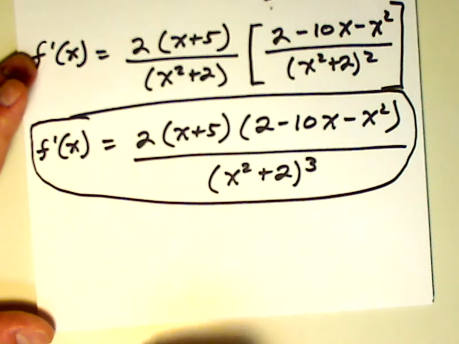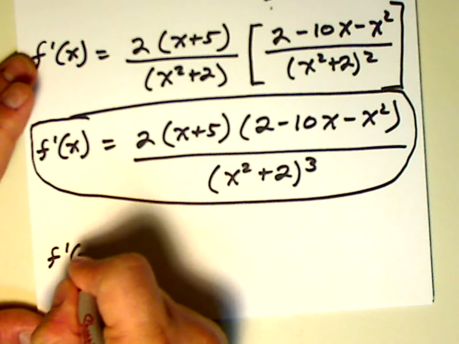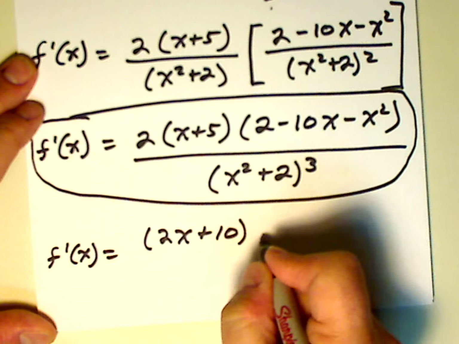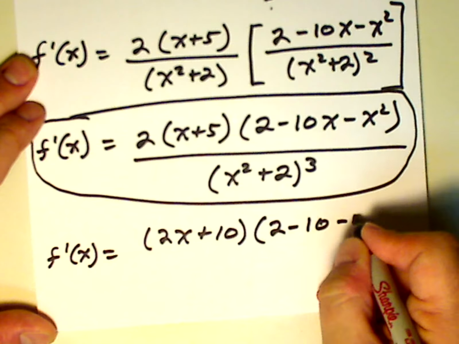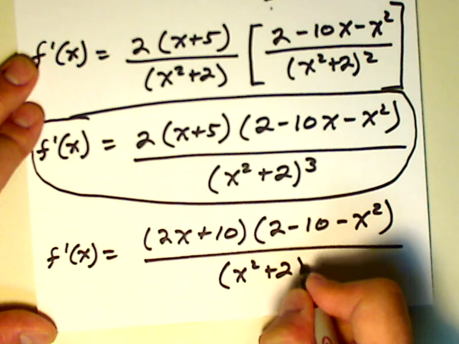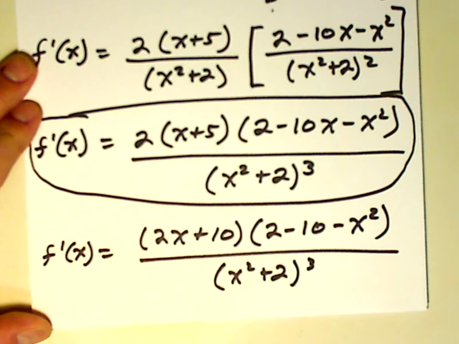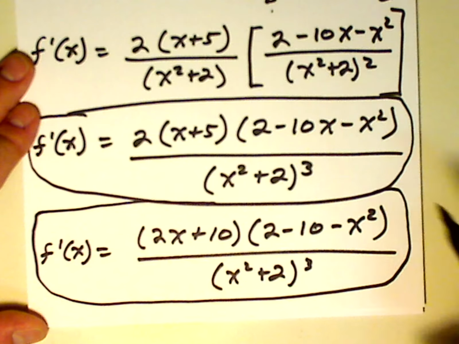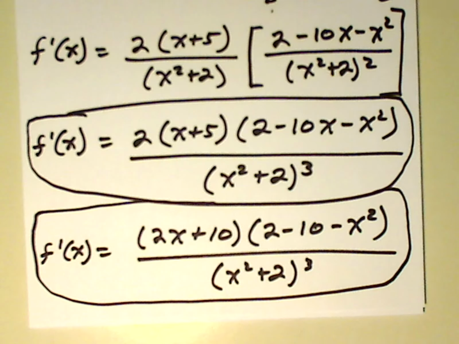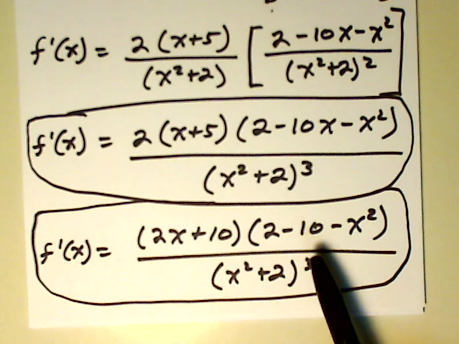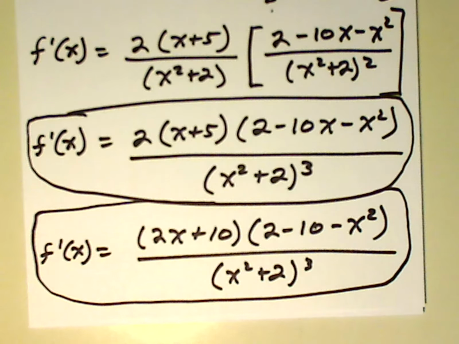If you wanted to, you could make it 2x plus 10 times 2 minus 10x minus x squared all over x squared plus 2 cubed. This is also a perfectly acceptable answer. However, I personally would have just left it in this form right here. I don't think I would have bothered to do this, but either way, this is it.